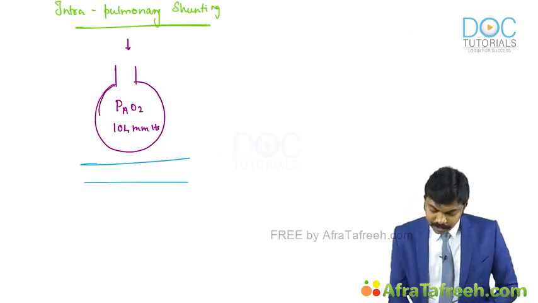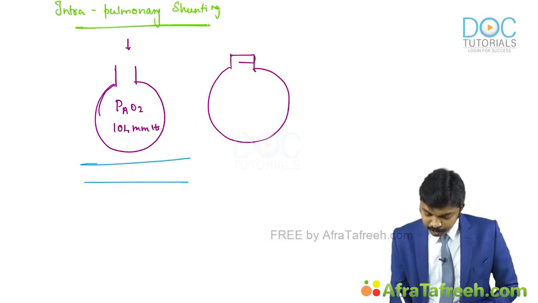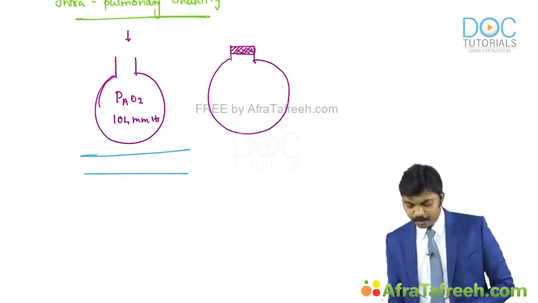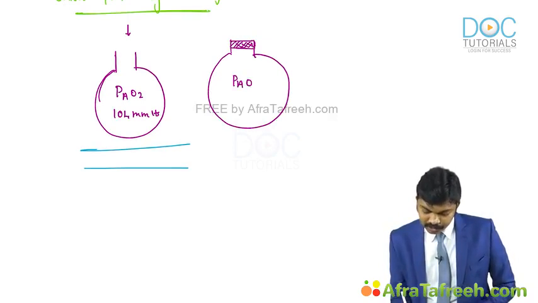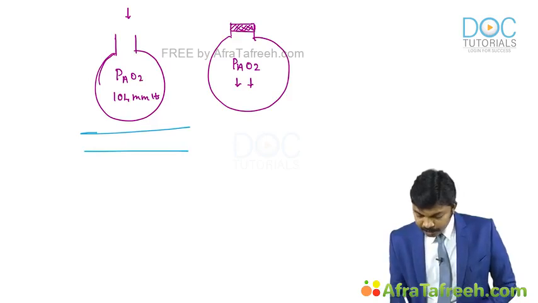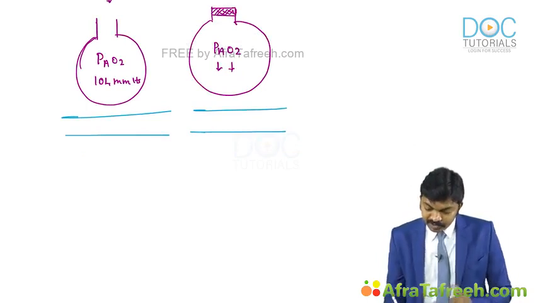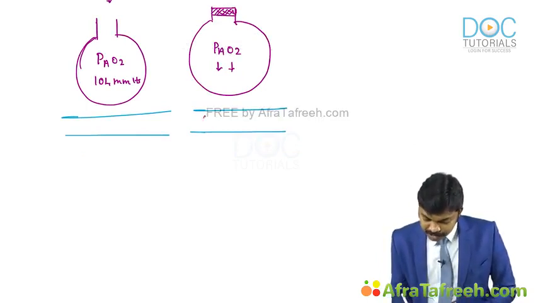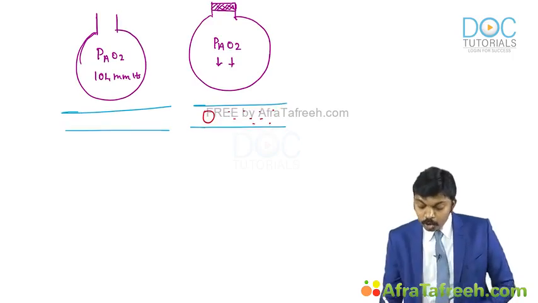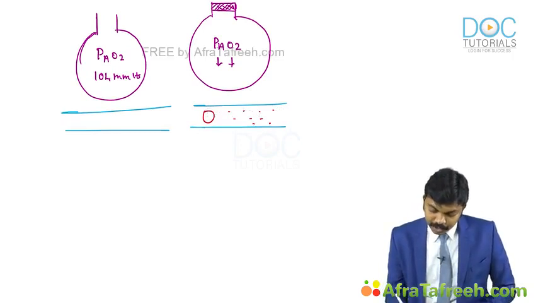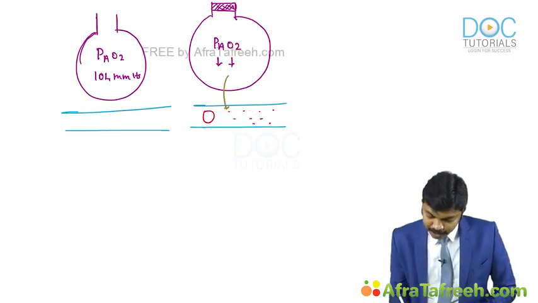But whenever these alveoli become underventilated, which means there is a block in the alveoli, the partial pressure of oxygen keeps getting reduced. To some degree, we do have normal opening of pulmonary vasculature, but because of less oxygen, the RBCs and plasma present in the pulmonary capillary do not get enough oxygen. The gas transfer will be inadequate.